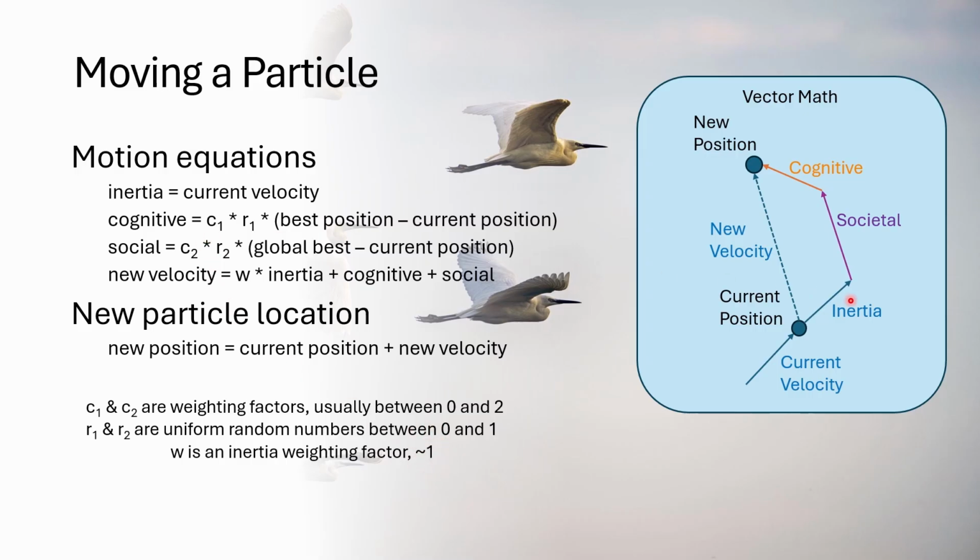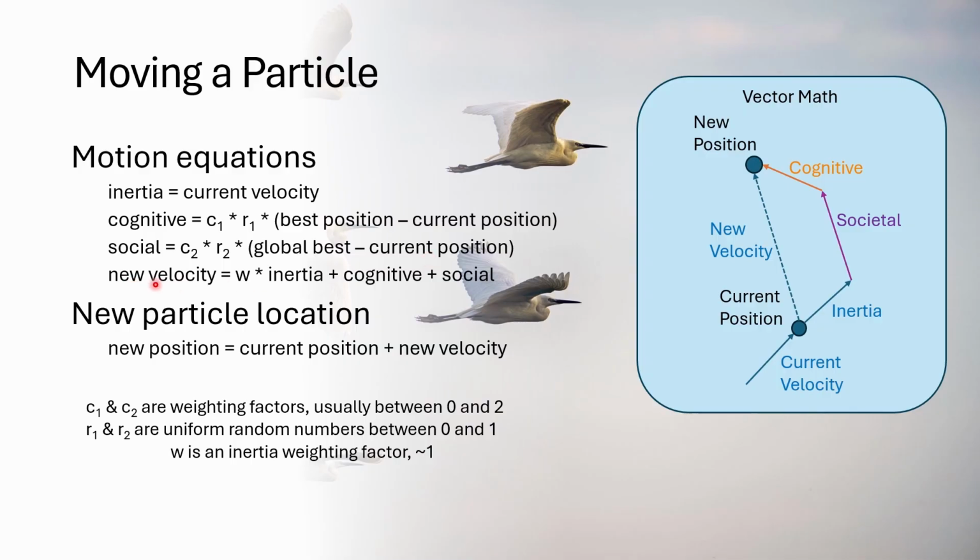Okay, so the cognitive vector, that's this guy here, so that's going to be C1 times R1, best position minus the current position of X and Y. Then there's the social component, where the equation looks exactly the same, but instead of it being the best position for that particle, we're going to use the location of the current global best minus the current position.